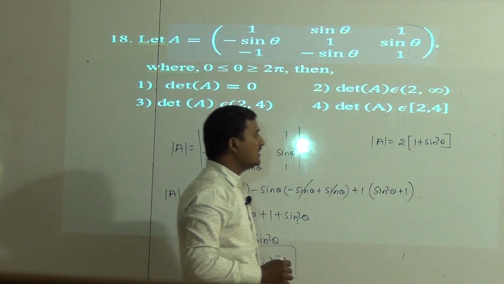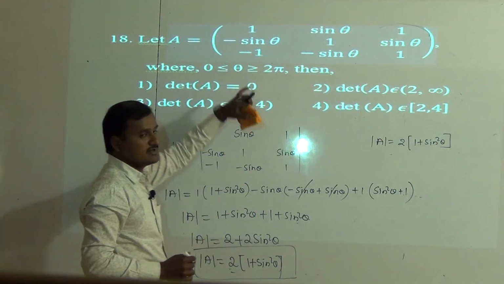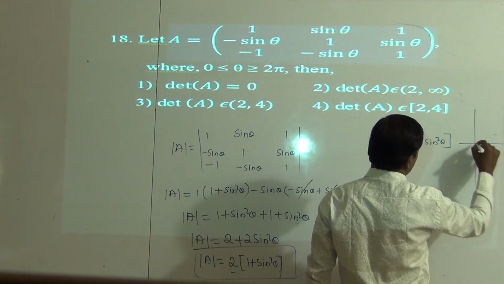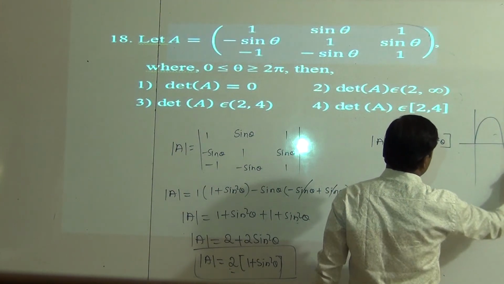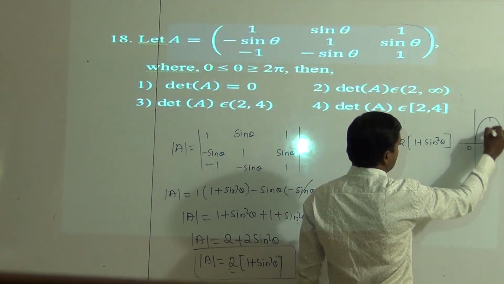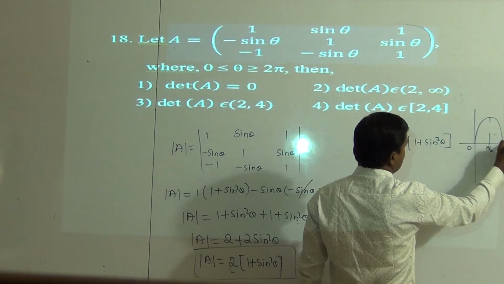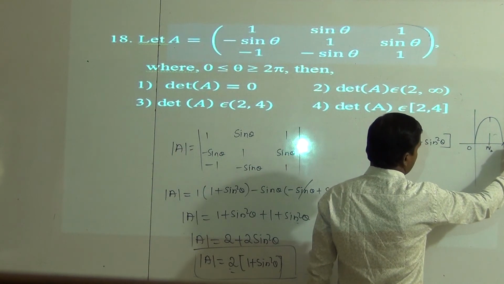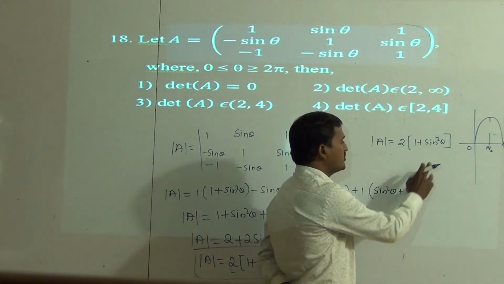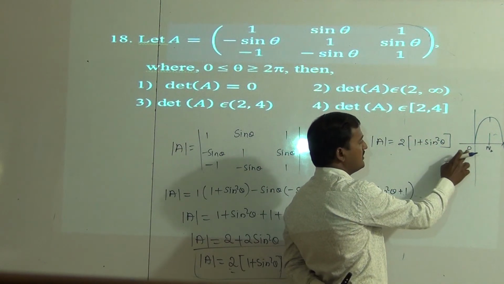So here what they have given, the theta lies between 0 to 2 pi. So theta lies between 0 to 2 pi means, so this is the graph of sin theta. So here it is 0, here it is pi by 2, and here it is pi, here it is 3 pi by 2, and here it is 2 pi. Now I will check this only for 0 and pi by 2.